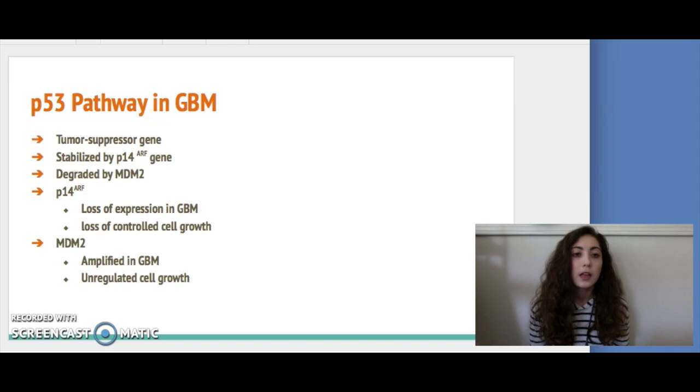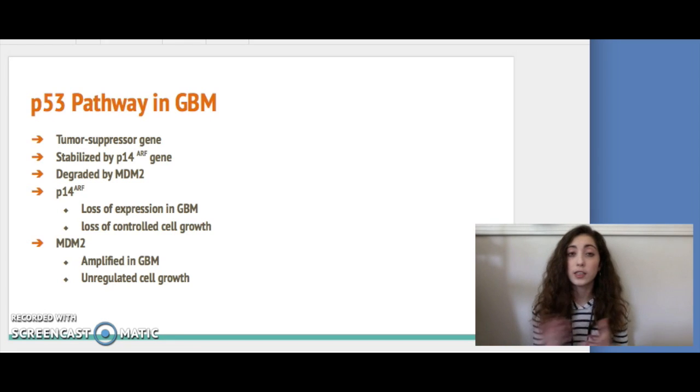And then p53 is also degraded by MDM2, and MDM2 is amplified in GBM specifically, which allows the cell to escape the regulation of the cell cycle from p53. If p53 is being degraded, it can't regulate, because it's not going to be there anymore. So when you amplify MDM2, p53 is not going to be able to persist because it's going to be degraded. And this leads to unregulated cell growth.